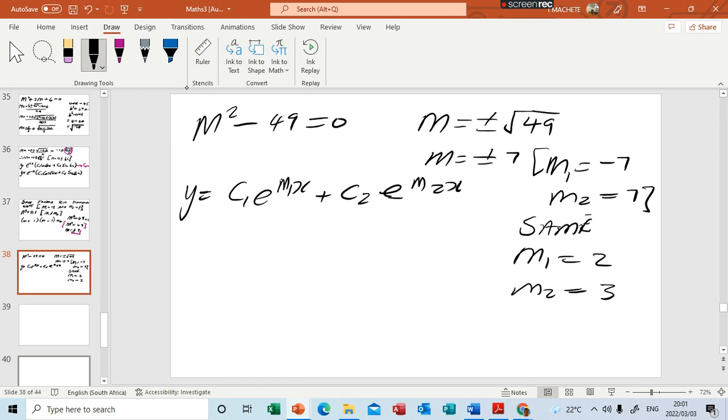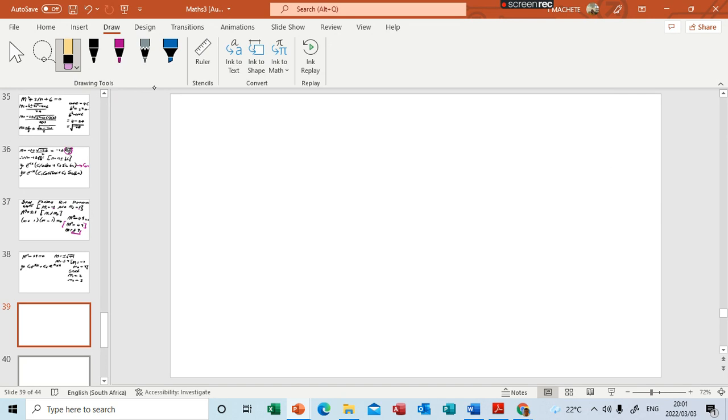How do we get to plus or minus the square root of 49? Isn't 49 supposed to change sign when it crosses over? It's positive again. Remember, the moment you introduce a square root, you get a plus or minus. Let me show you the easiest way. It's m squared minus 49 equals 0.